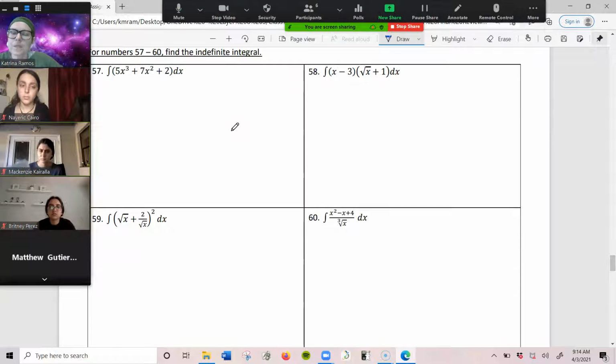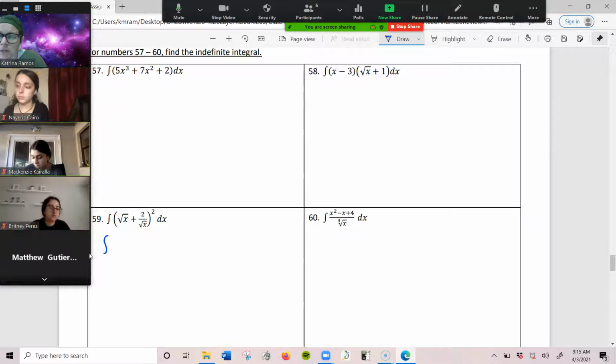Find the, okay. So here we're just going to integrate. Let me come over here. Okay, so what I did here is I rewrote this so that it would be a polynomial type function. So how we do that is we need to rewrite this integral first.